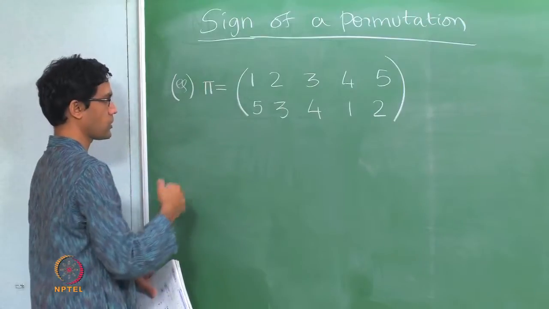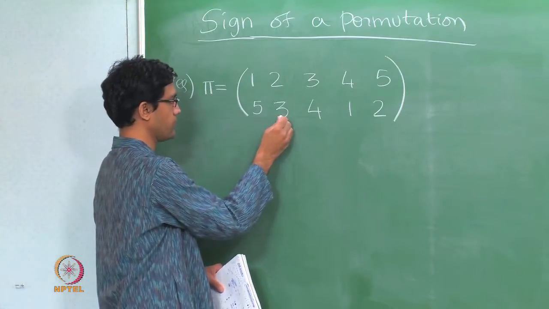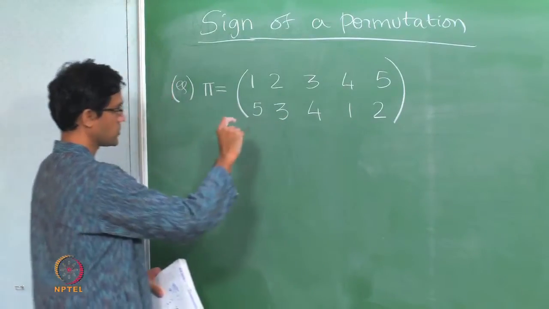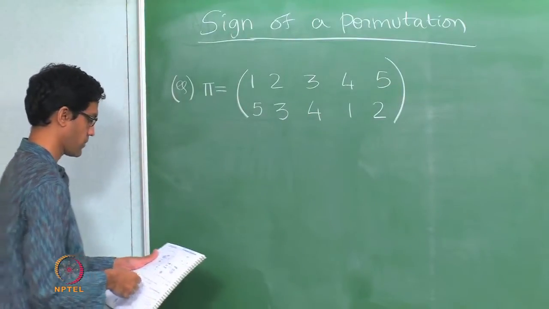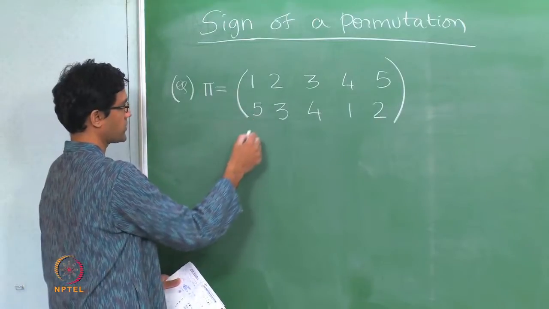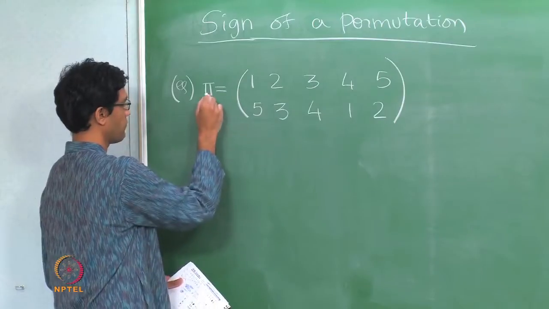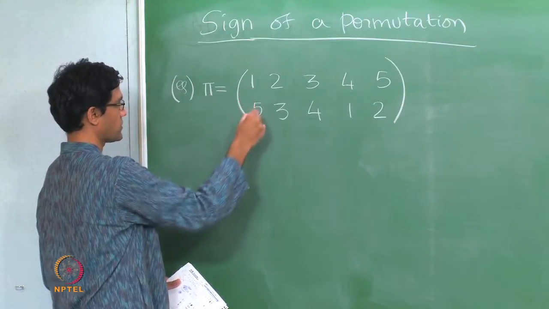So again recall two line notation which just means that these are just the entries. The bottom row is really the permutation of the numbers 1 through 5. So often we also think of it as functions, so we will write these entries as follows. If you call this permutation pi, we also say that pi of 1 is 5, for instance.